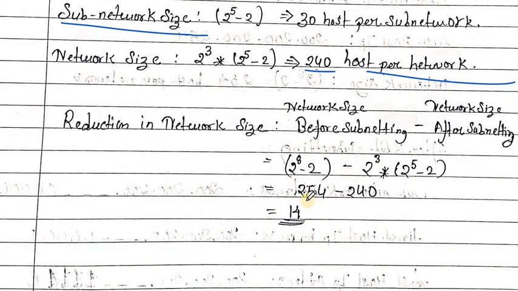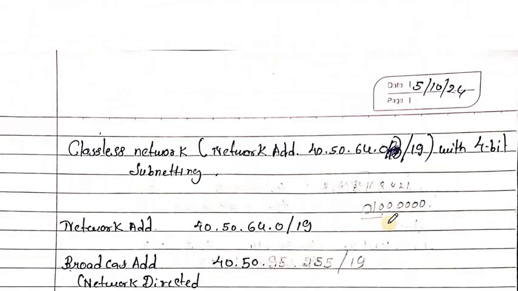The reduction in network size is 14. This means before subnetting there are 254 hosts, but after subnetting there are 240 hosts. So the reduction of network size is 14. Okay.